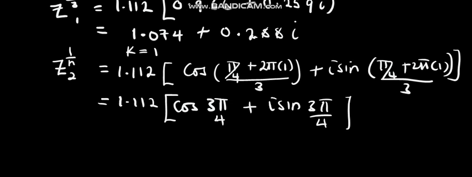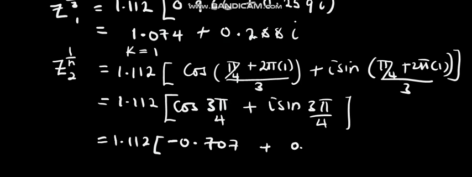So what is cos of 3 pi/4? It is 1.122 times negative 0.707, then plus 0.707 i.